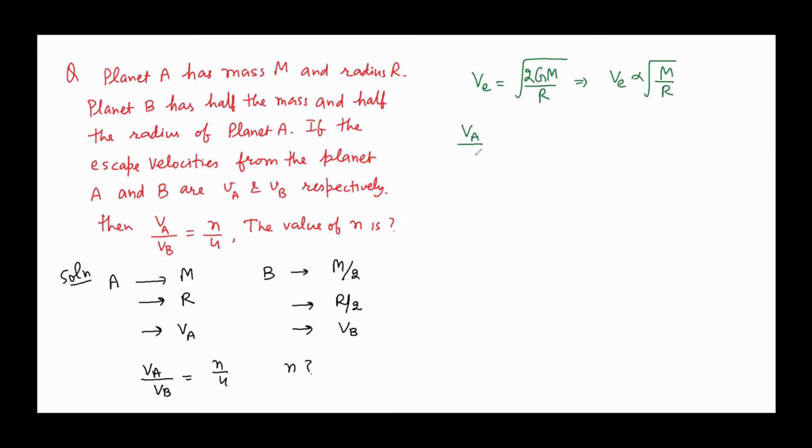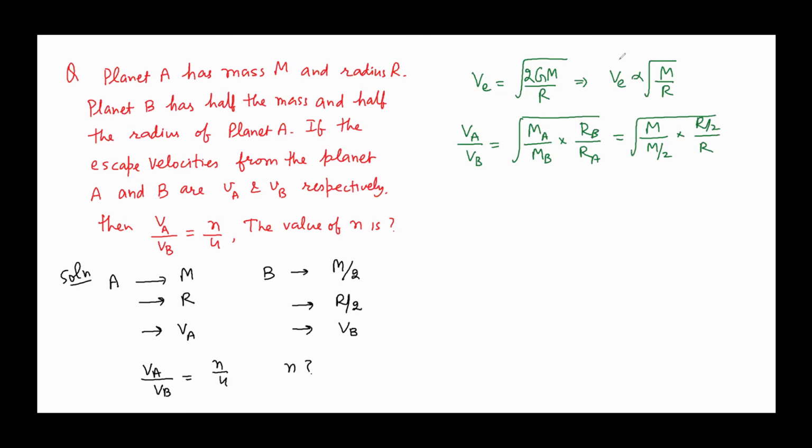So VA to VB: escape velocity is directly proportional to mass, mass of planet A to mass of planet B, and inversely proportional to radius, radius of planet A to radius of planet B. What is the mass of planet A? m. Mass of planet B, m by 2. And what is the radius of planet B? r by 2. And of planet A is r.